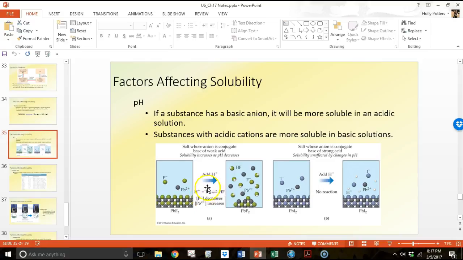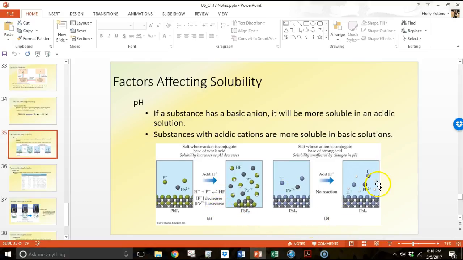And again, the fluoride is being tied up as HF, so we're not seeing a huge increase in the fluoride ion concentration, but we will see more of the solid dissolve. You're not going to see that happen with an anion that we associate as a conjugate base from a strong acid. Like in the example here, the lead(II) iodide, the iodide ion we trace back to the strong acid, hydroiodic acid, and we know that the conjugate of a strong acid is very, very weak and is not able to pick up H+ in the same way that the weak base conjugate would.